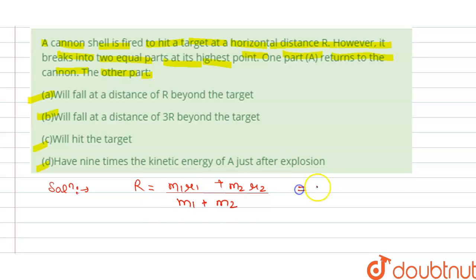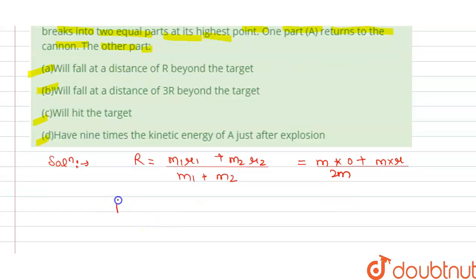From this we can write, initially the cannon hit a horizontal, so this is M into 0 plus M into R, divided by M plus M, that is 2M.